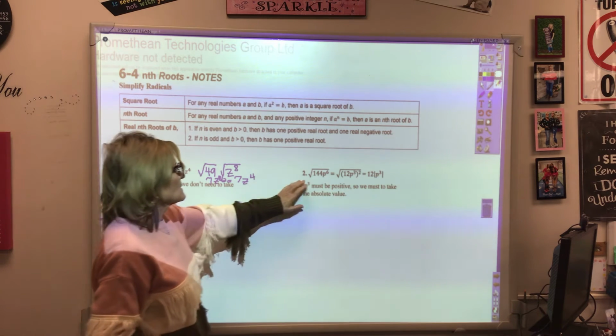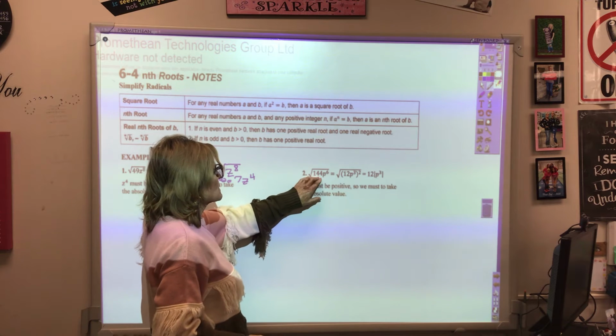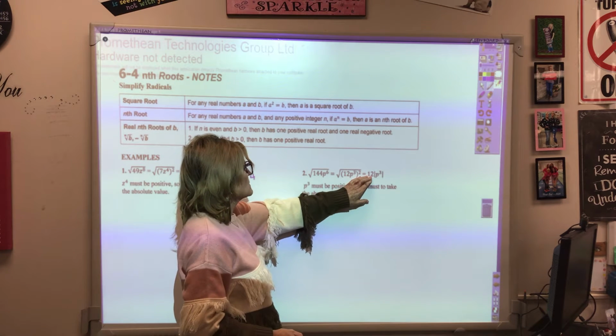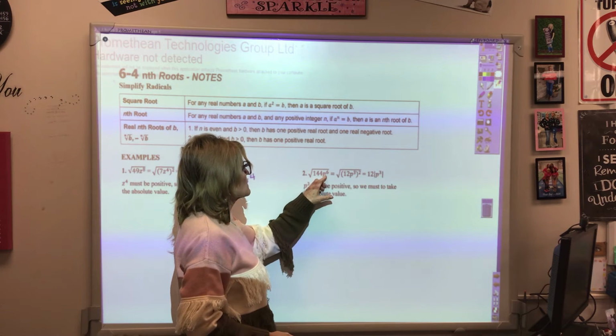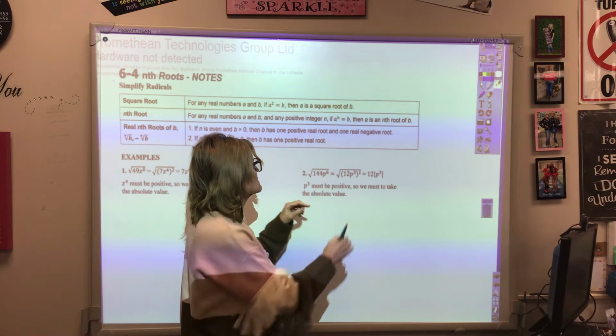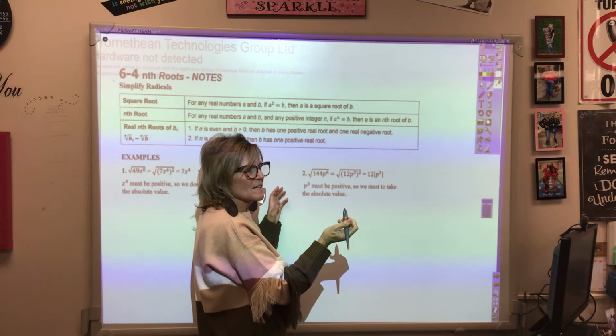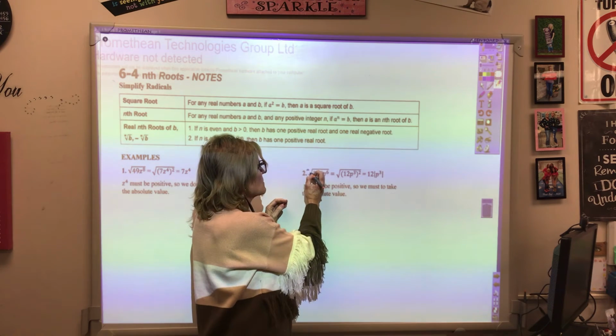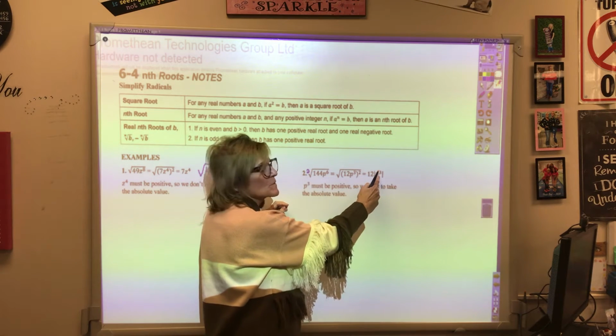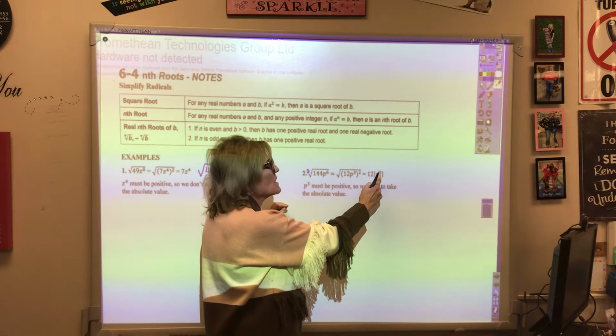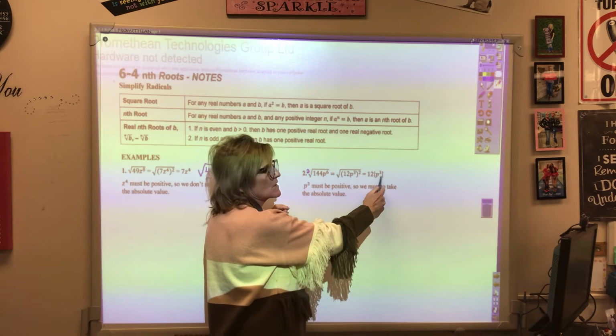Okay, on the second one, if you take the square root of 144, it's 12. If you take the square root of p to the 6th, it just means you divide this 6 by 2. Just think of dividing it, and you end up with a 3. But notice that this is in absolute value.